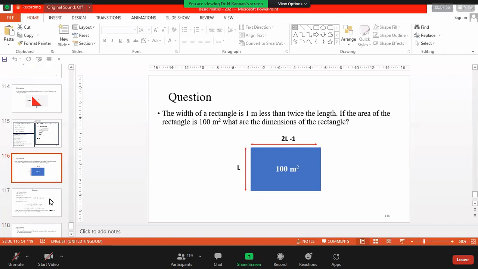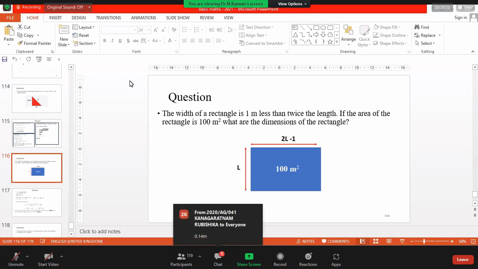If they are getting the same problem, of course we will discuss, right? Okay, sir, thank you. Okay, thanks for that. We will wait for others. Yes, one person has obtained 0.14 meter. Right, we'll see.